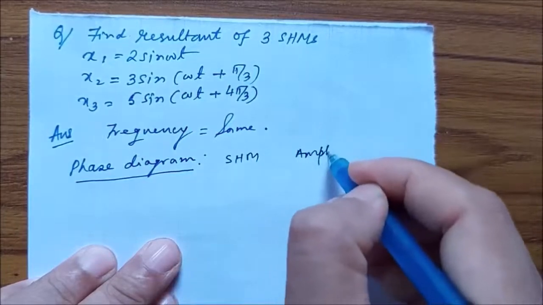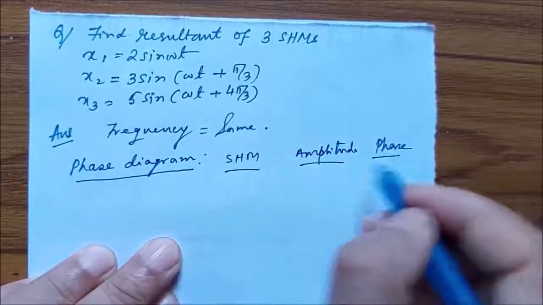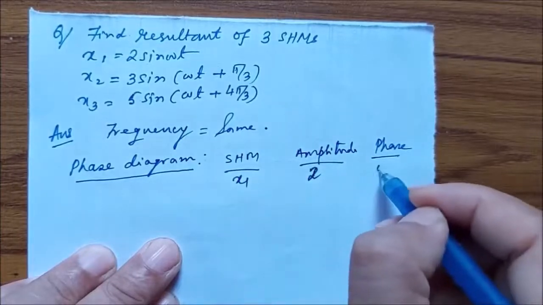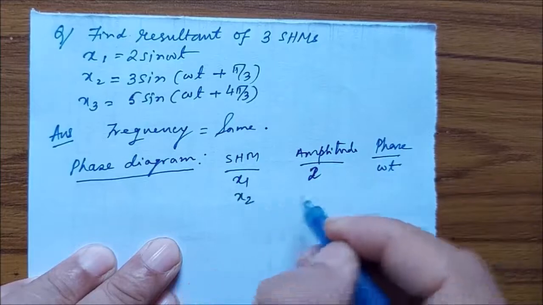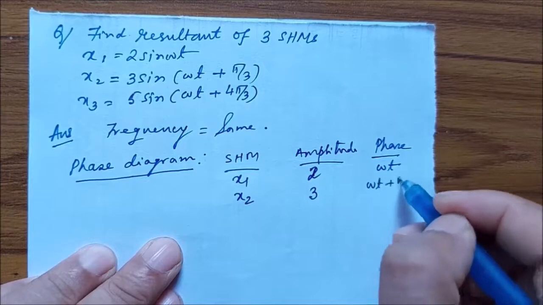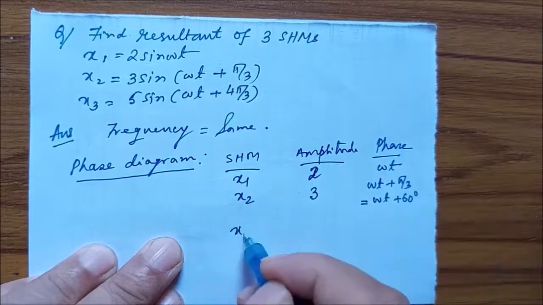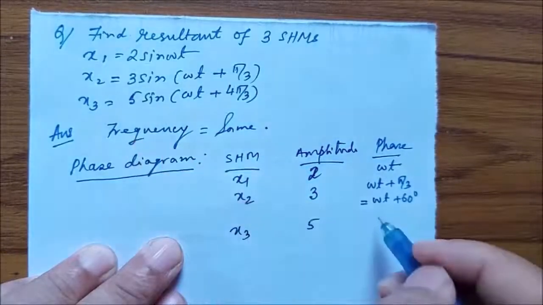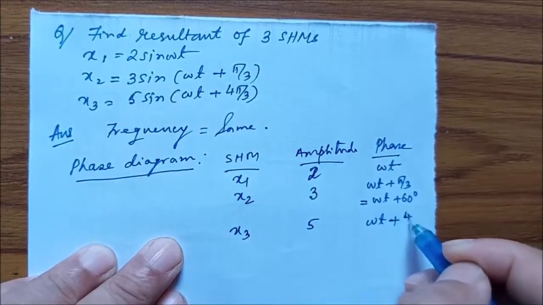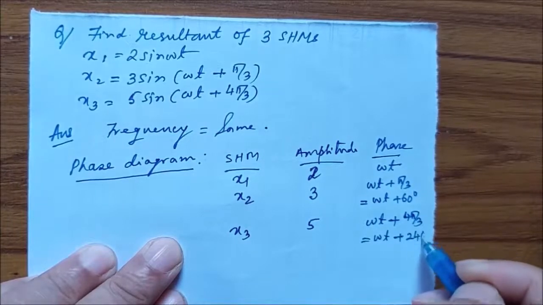SHM, amplitude and the phase. X1 has amplitude of amount 2 and the phase is simply omega t. X2 has amplitude 3 and the phase is omega t plus pi by 3, which is omega t plus 60 degrees. x3 has amplitude 5 and the phase is omega t plus 4 pi by 3, so it is omega t plus 240 degrees.